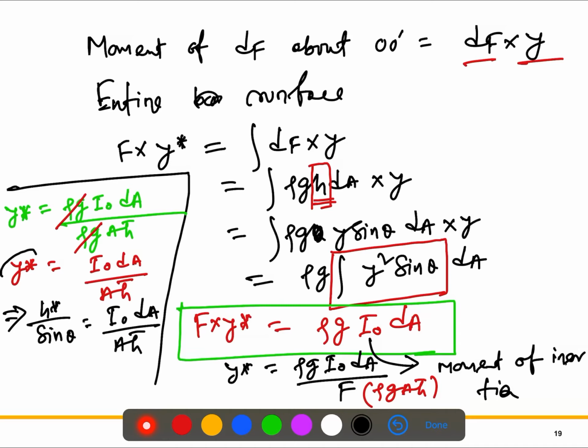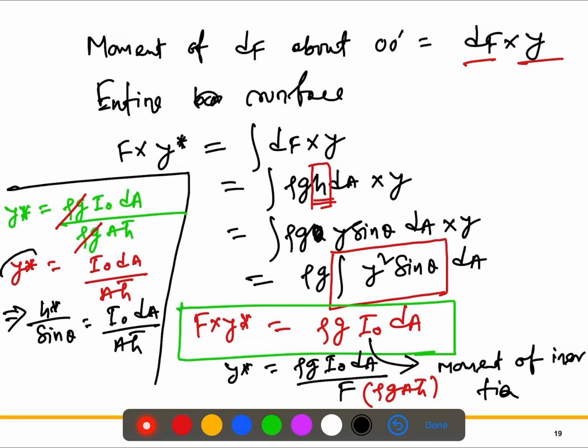Just one second. We actually did a little mistake. Y squared dA is the second moment of inertia.